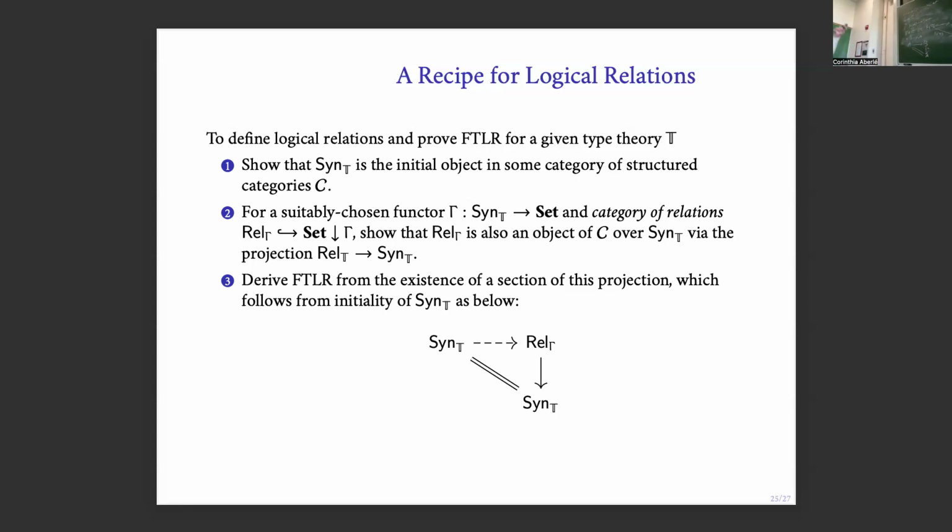And in this particular case where A is the syntactic category of some type theory, we use the fact that that's initial in C, or carefully chosen C, to get this section automatically once we've shown that this category of relations is also an object of C.